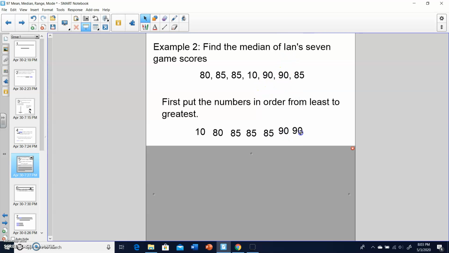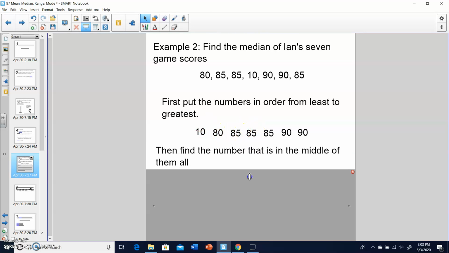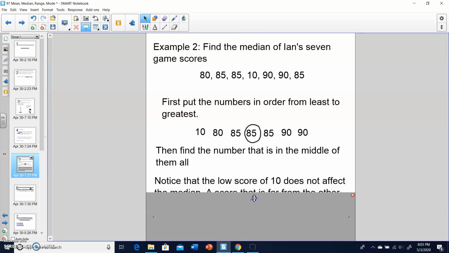And we know since we had 7 scores when we added them up before, we have 7 numbers, we're going to be able to find one in the middle. So 1, 2, 3, this one will be our middle number. So find the number that's in the middle of them all. Okay, and this one right here is in the middle. So the median or middle score is 85.